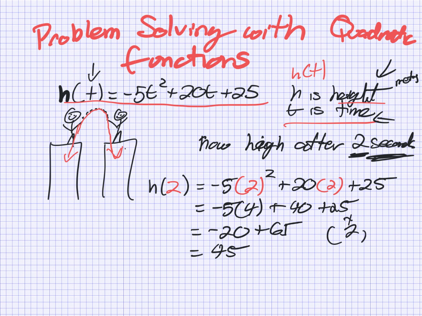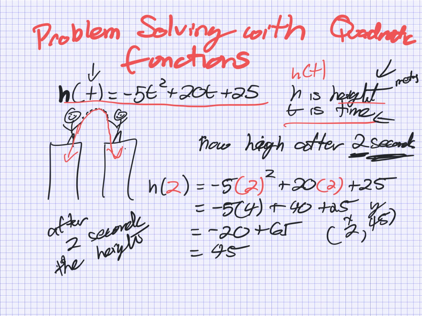Okay. The y value is 45. So this is actually like a coordinate here. And after 2 seconds, the height is 45 meters. 45 meters is very high. So they are like on the top of buildings here in this question.